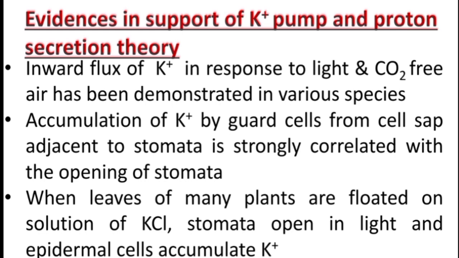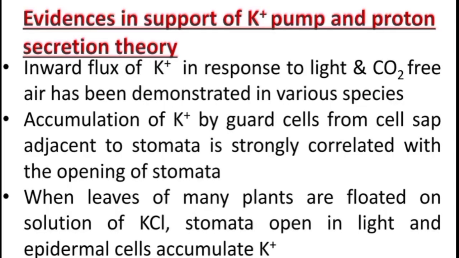Though light initiates the opening of stomata, a mechanism other than starch-sugar conversion is responsible for the opening of stomata. Light mediates the opening of stomata not through starch-sugar conversion but through the accumulation of potassium ions in the guard cells.